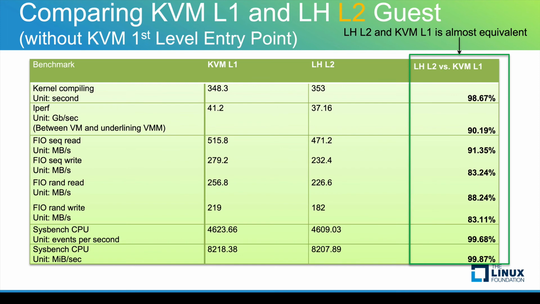But the performance looks good, and we also don't have another optimization like a KVM faster entry point handling. Today the L2 VMs on lightweight hypervisor run purely in a nested way.